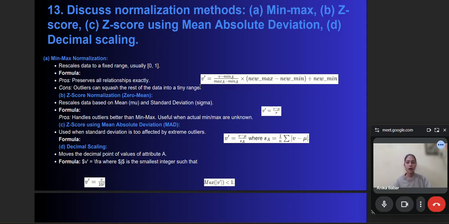The formula is v' equals (v minus min A) upon (max A minus min A) times (new max minus new min) plus new min. Pros: preserves all the relationships exactly. Cons: outliers can squash the rest of the data into a tiny range.